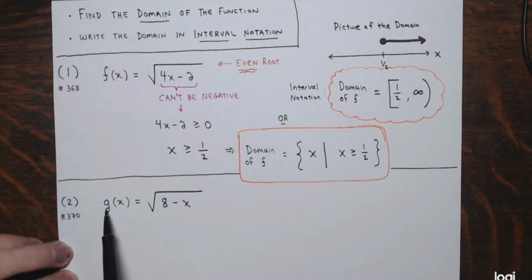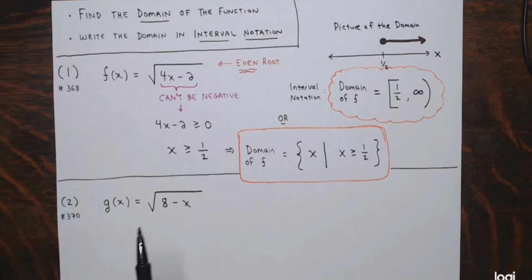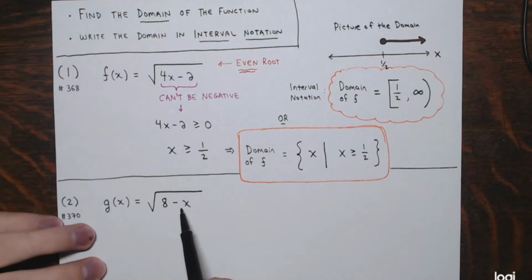We have the function g of x equals the square root of 8 minus x. So once again, I have an even root. So just like question 1, the radicand can't be negative.